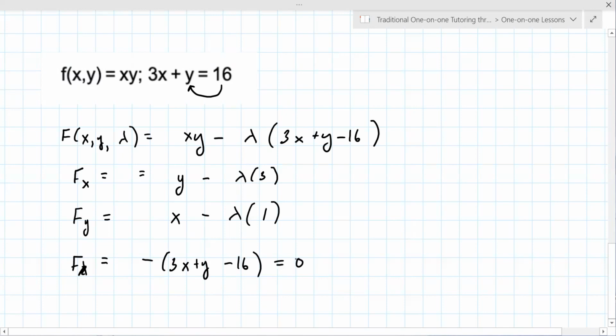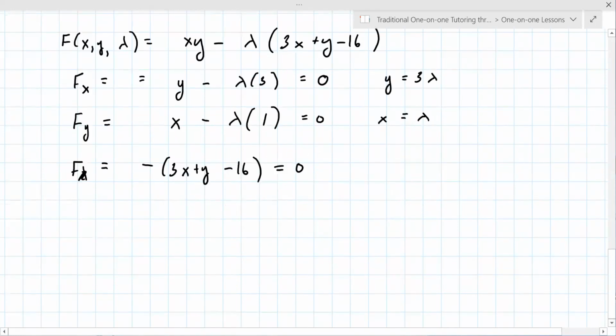All right. So this first one you set equal to 0. And when you do that, you get y equals 3 lambda. And then this next one you set equal to 0 and you get x equals lambda.